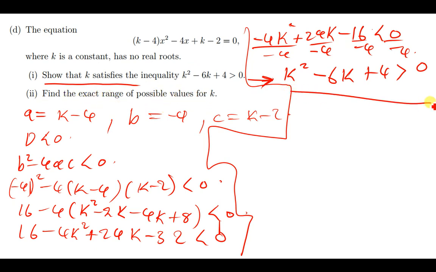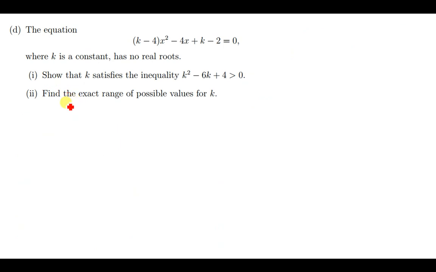So what we're going to do is to solve this quadratic inequality, which is k squared minus 6k plus 4 is greater than 0. Okay, let me just write it properly. We have k squared minus 6k plus 4 greater than 0.